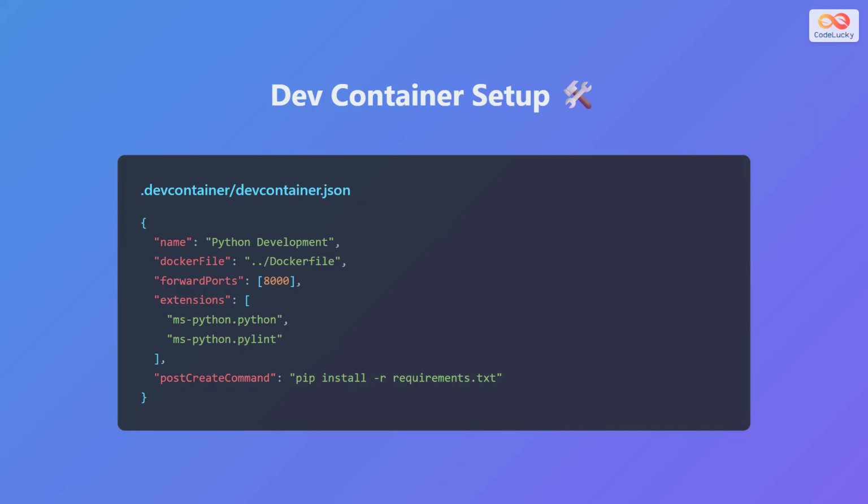Next, we define any ports we want to forward, such as port 8000 for our application. After that, we specify any extensions we want to install inside the container, such as the Microsoft Python extension and Pylint. Finally, we can define a post-create command to run after the container is created, such as installing the Python dependencies from the requirements.txt file.